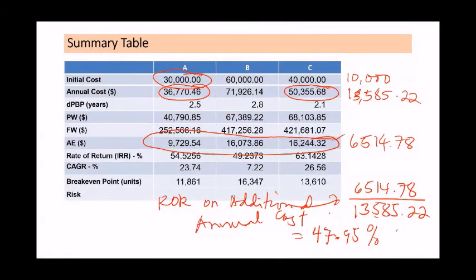The annual profit justifies the additional annual cost. Why are we doing that? It is because the annual cost of alternative C is higher than that of A. So we need to look at how we can justify that. Because if we say, okay, we will recommend alternative C, you need to justify the higher cost.